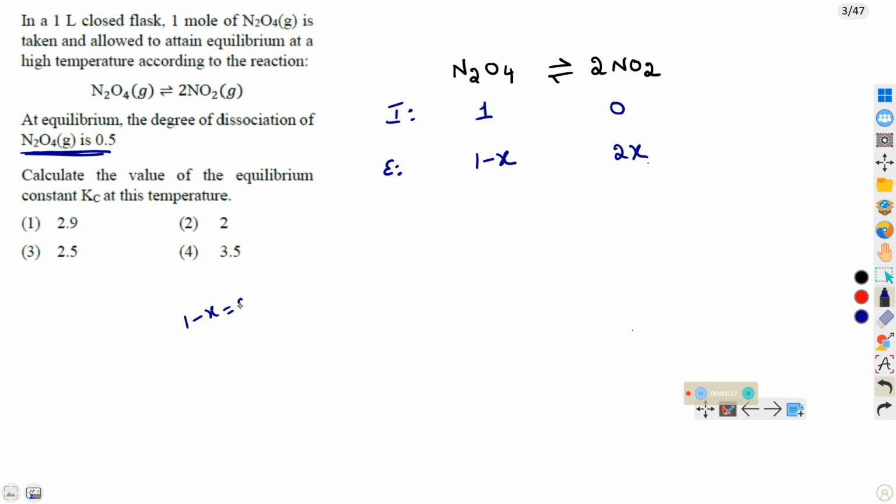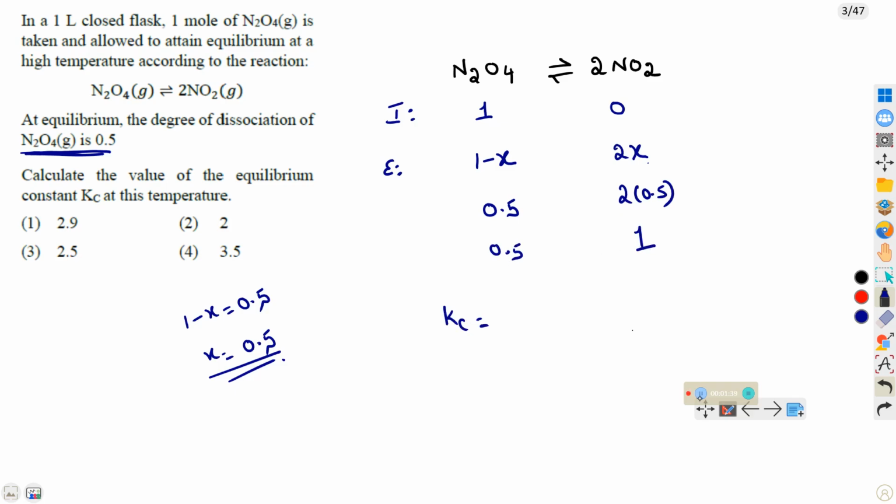That means the 1 minus X value is 0.5. Based on that, X is 1 minus 0.5, which equals 0.5. Substituting, you get 0.5 for N2O4 and 2 into 0.5, which is 1, for NO2.